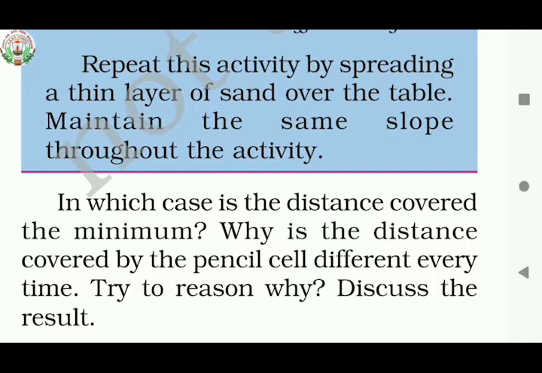So it is because in the case of tabletop alone, because of smooth surface, the friction is less, so the pencil cell can move a long distance. But in the other 2 cases, surfaces are rough, so the friction is more. Because of that, the cell can move less distances.